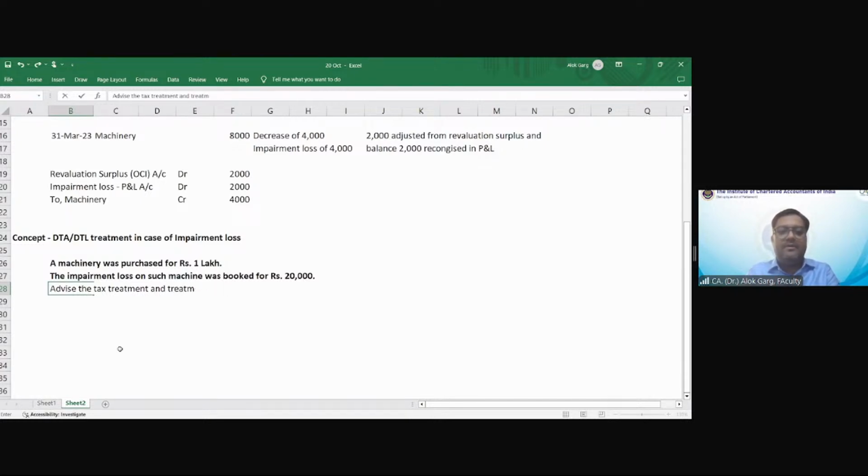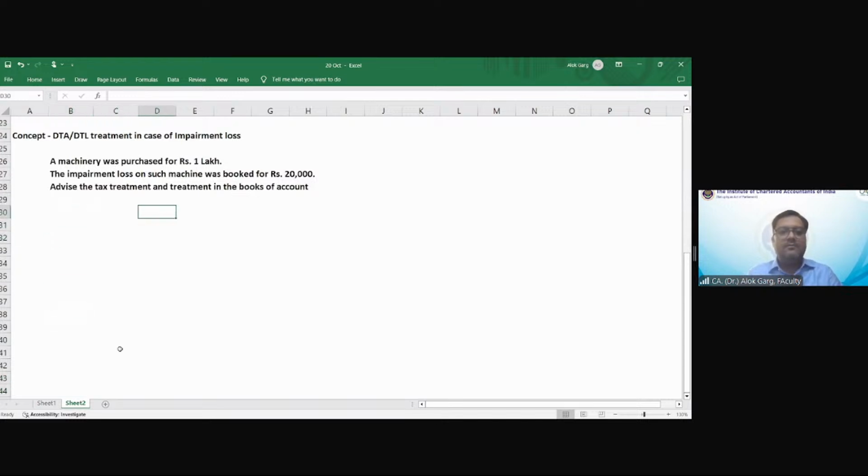Treatment in the books of accounts. What is the carrying value in the books of accounts? 1 lakh rupees.